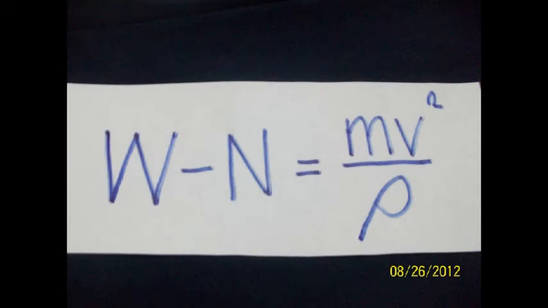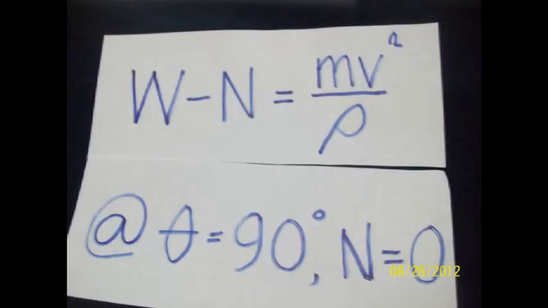Going back to our free body diagram, we know that the forces acting on the normal axis are our weight and the normal force. So let us substitute that one in the left side of our equation. So what is left now is W minus N is equal to mv squared over rho.